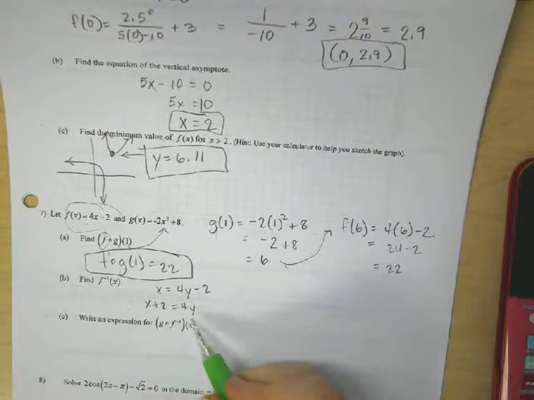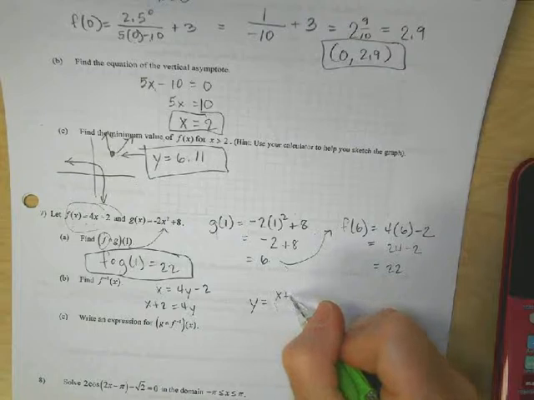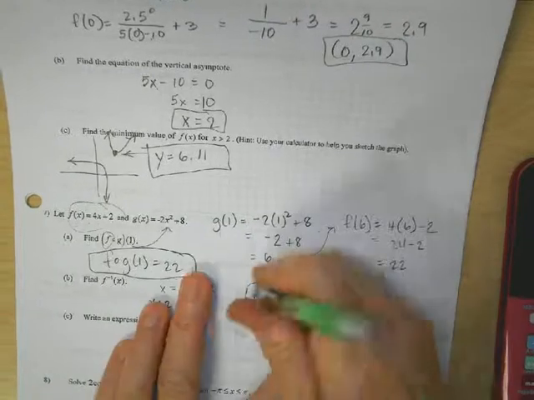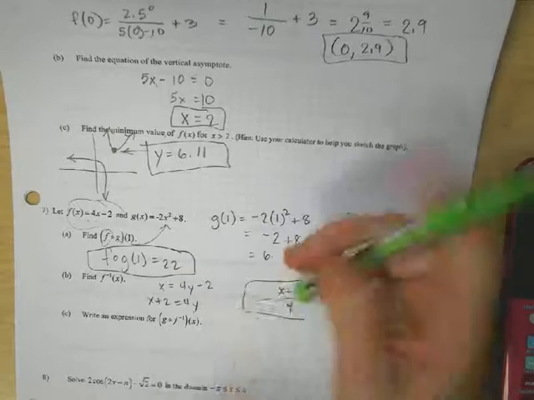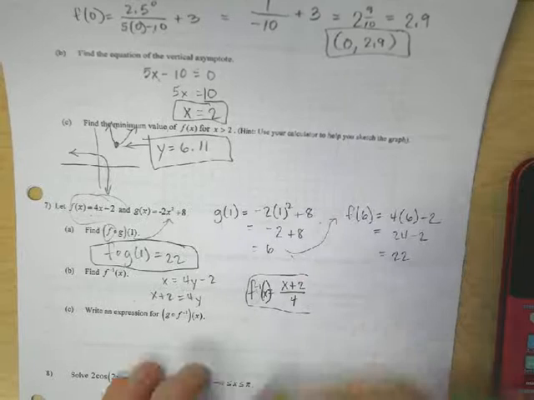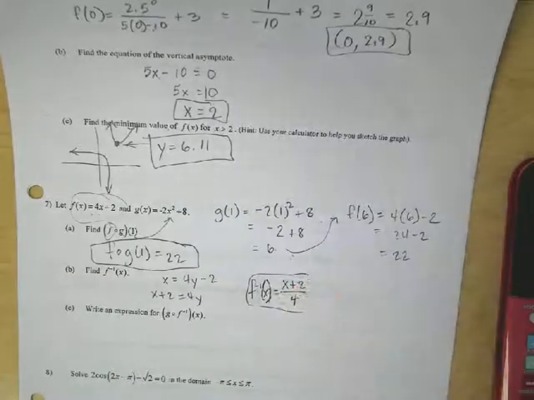Now I'm going to divide both sides by 4, so I get y is equal to x plus 2 over 4. Instead of saying y equals, we'll change it back to f negative 1 of x, so that I know that is in fact the inverse of f of x. There's the inverse of f of x.